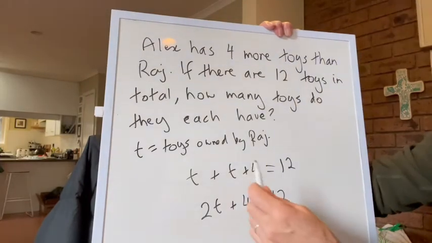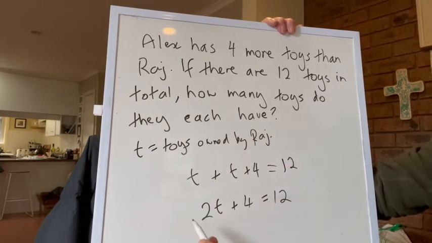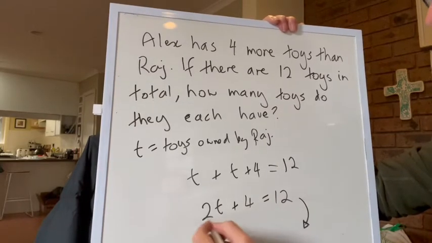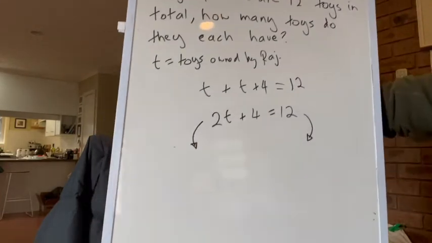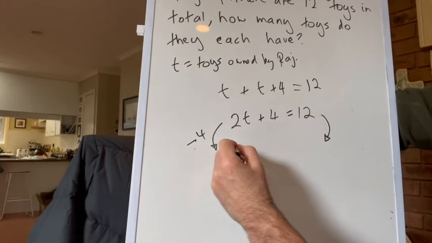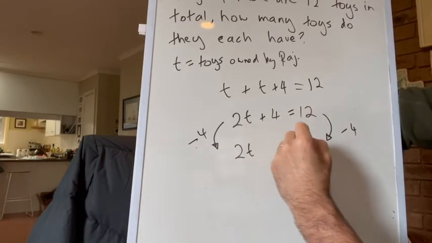Okay, and here we're trying to find out how many toys they each have. So we can just use our strategy here of simplifying. Take away 4 leaves us with 2T, take away 4, and that equals 8.